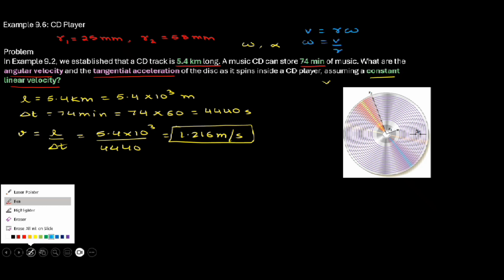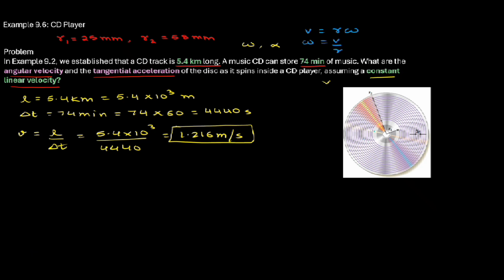And I will find this omega values both at the inner radius and the outer radius. So we write omega 1, which will be the angular speed at the inner radius. We will take this as v, the linear speed over r1. R1 is 25 millimeter, which you can write as 25 times 10 to the power negative 3 meter.